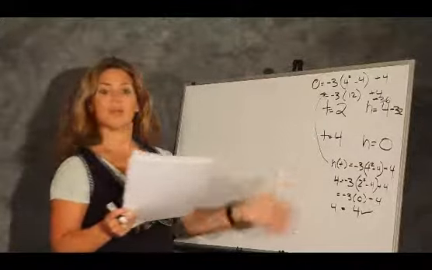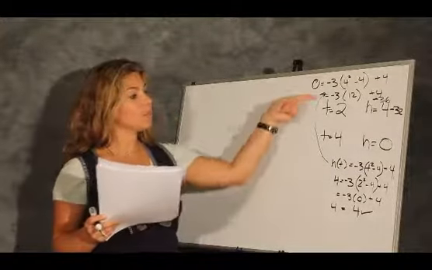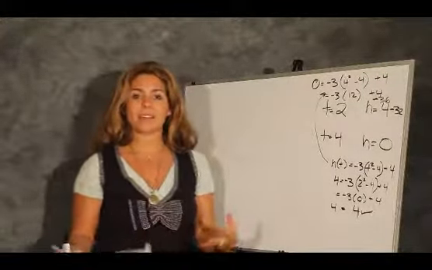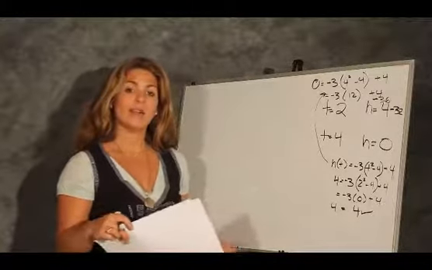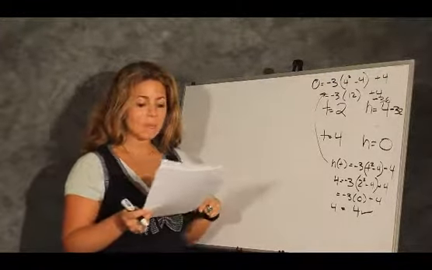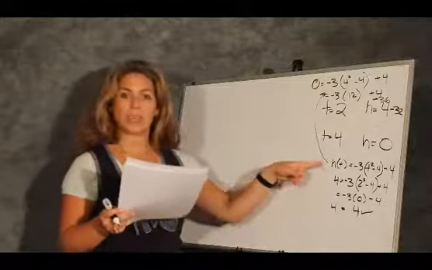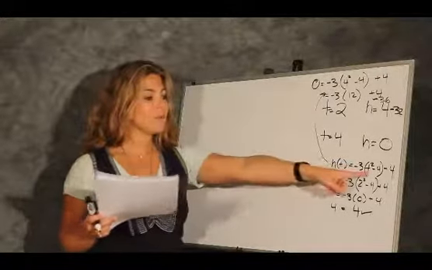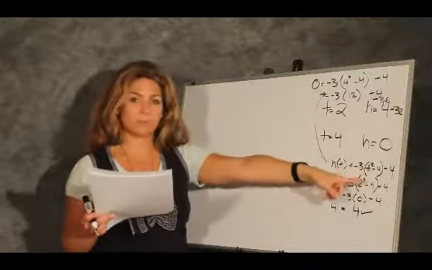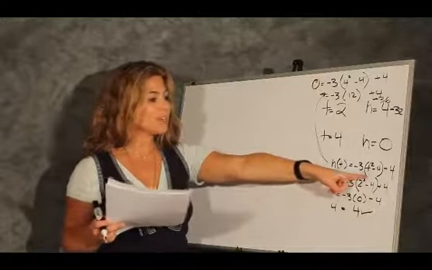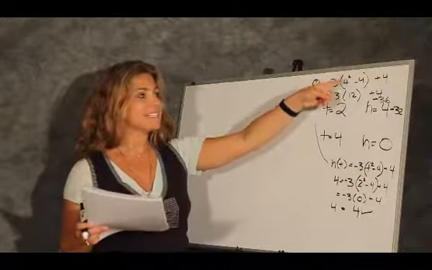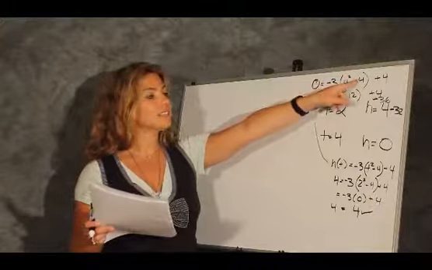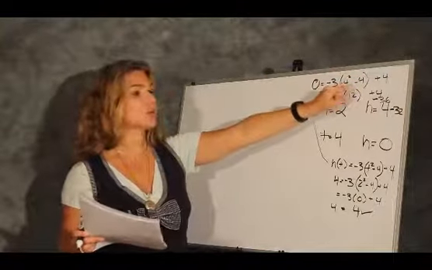Now that we know A is wrong because it didn't work out for both of them, we have to test another equation. B is the exact same equation as A, except now we're adding 4 instead of subtracting 4. If we add 16 plus 4, that gives us 20.